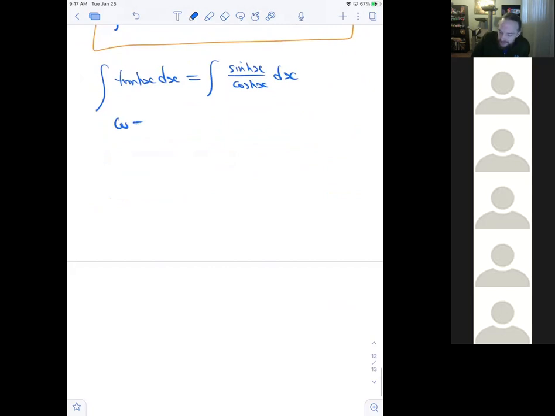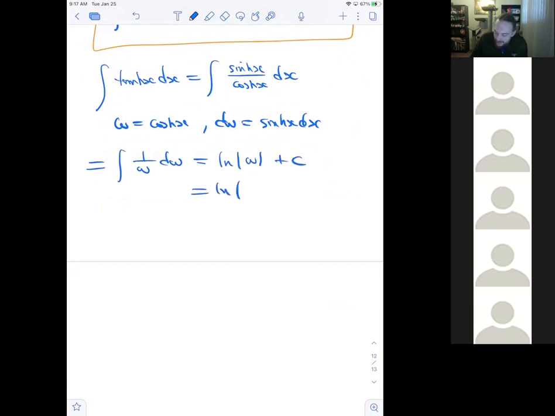So I'm going to let w equal cosh x, so dw is equal to sinh x dx. And this becomes the integral of 1 over w dw, which is the natural log of the absolute value of w plus c, which is the natural log of the absolute value of cosh x plus c.